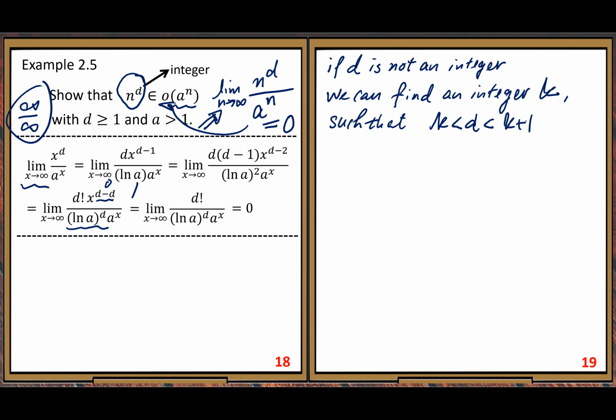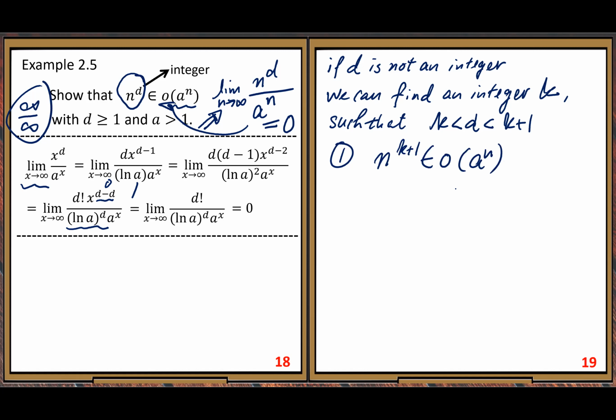Now we use these two results, we can get the answer. So one result, n to the k plus 1 is in big O of a to the n.